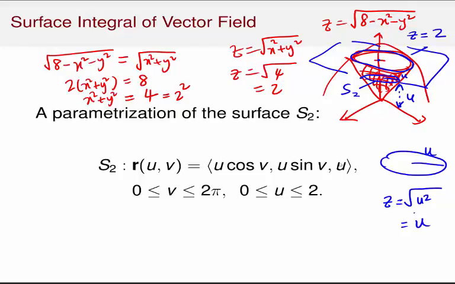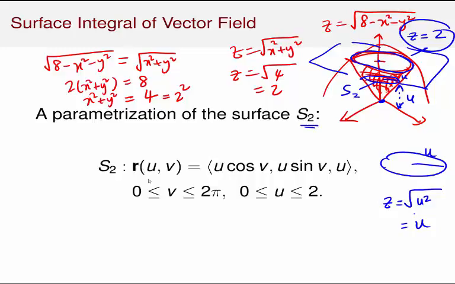In other words, if we set u as our parameter for the variable z, then we can trace out the circle by using the angle v. Namely, we can set x to be u cosine v and y to be u sine v.